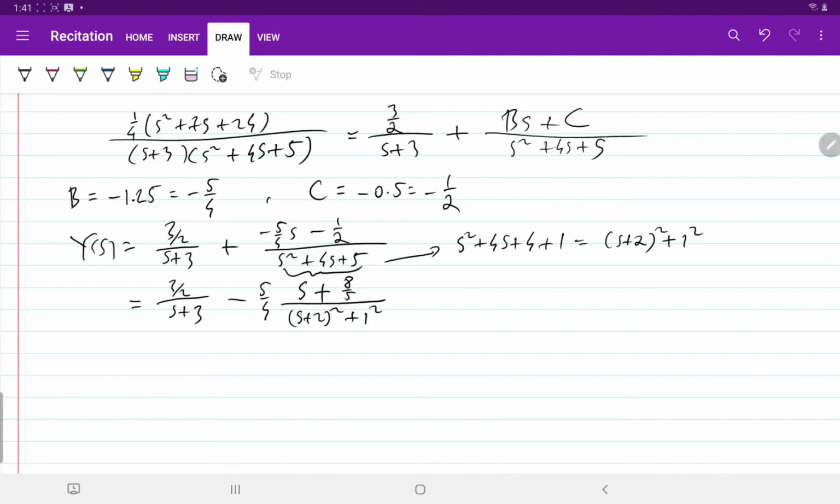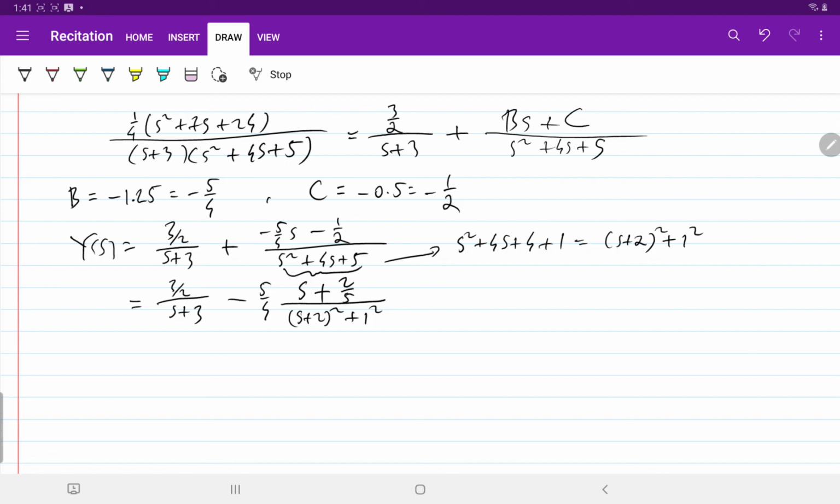Oh, sorry, that's not 8 over 5, that's 2 over 5. Okay, when you multiply 2 over 5 with 5 over 4, we have 2 over 4, which is 1 half.